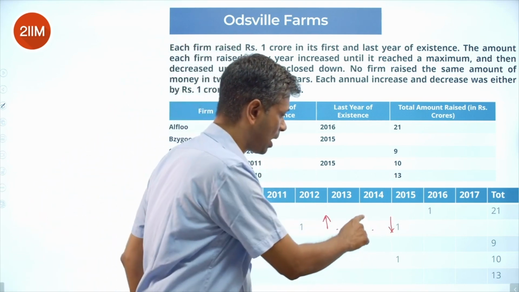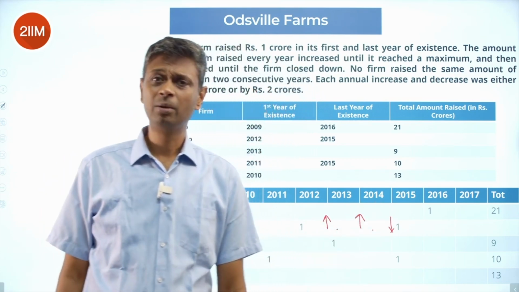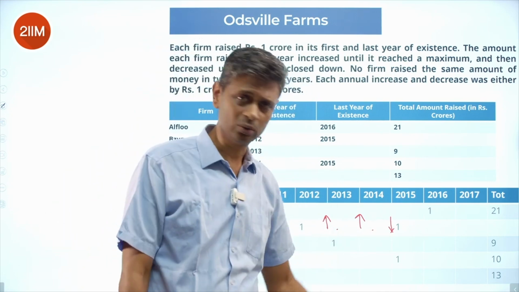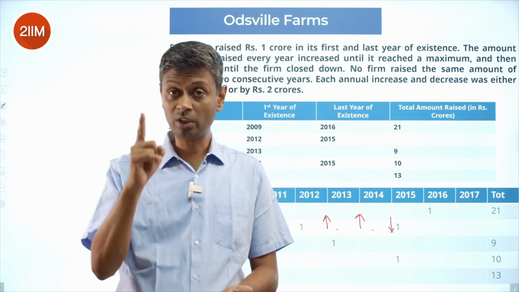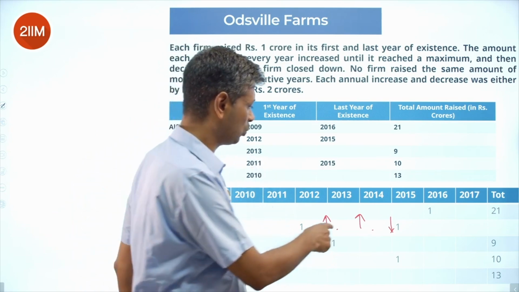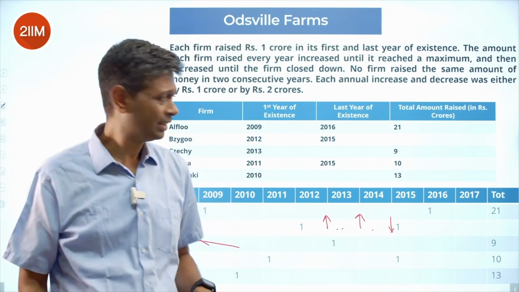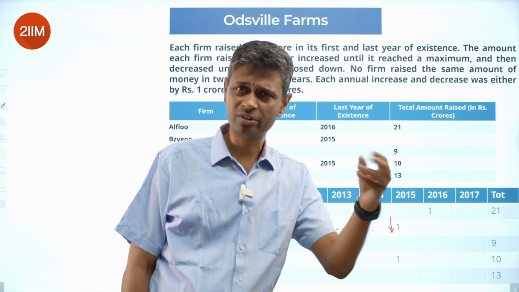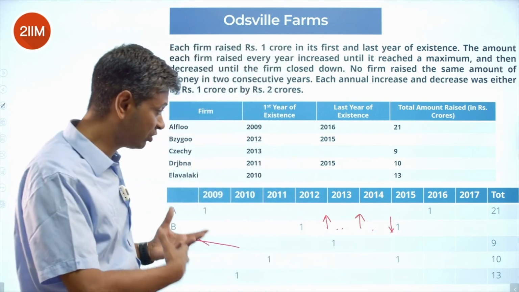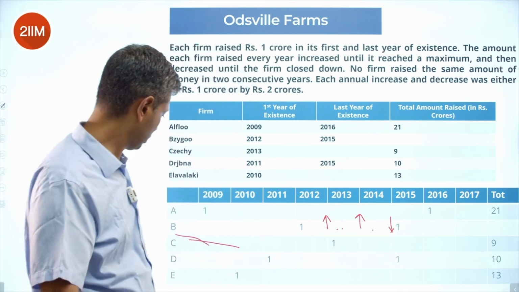If you're thinking about up, up and down, it can only be 1, 2, 3, 1, because the last year when it's coming down, it could not have been 4, because the maximum increase or decrease is 1 crore or 2 crores. It is either 1, 2, 3, 1 or 1, 3, 2, 1. One of the two. Done. So we can find the total: only 2 possibilities. Both possibilities have the same total, 7 crores. Done. So each of these things we can make further inferences from there.